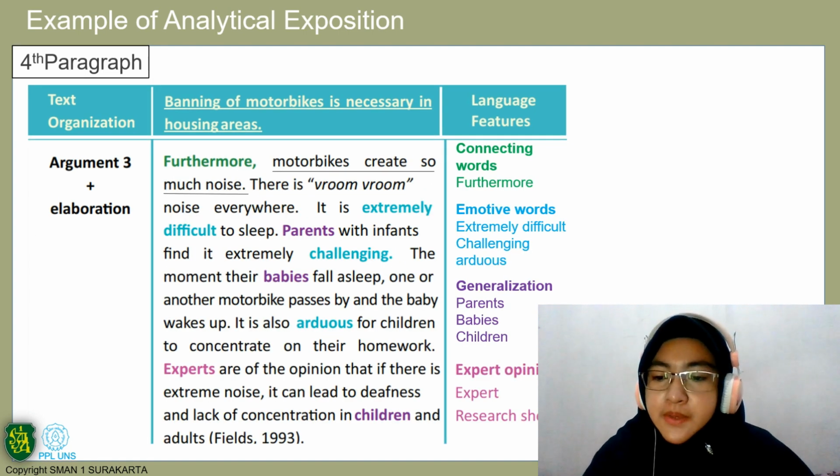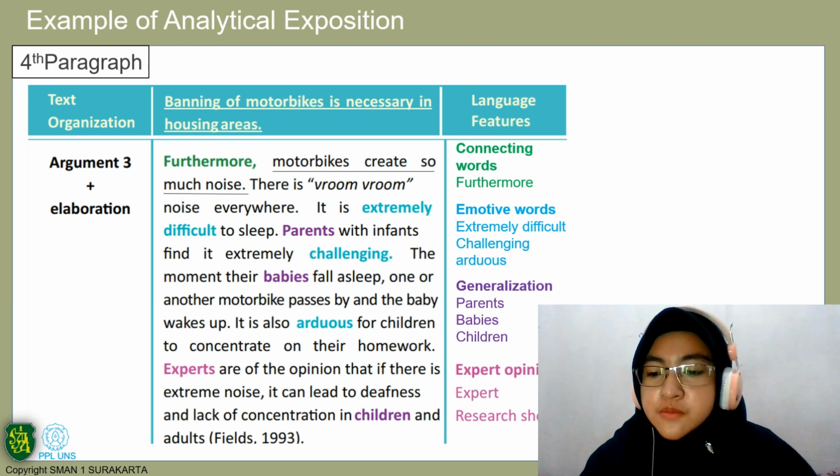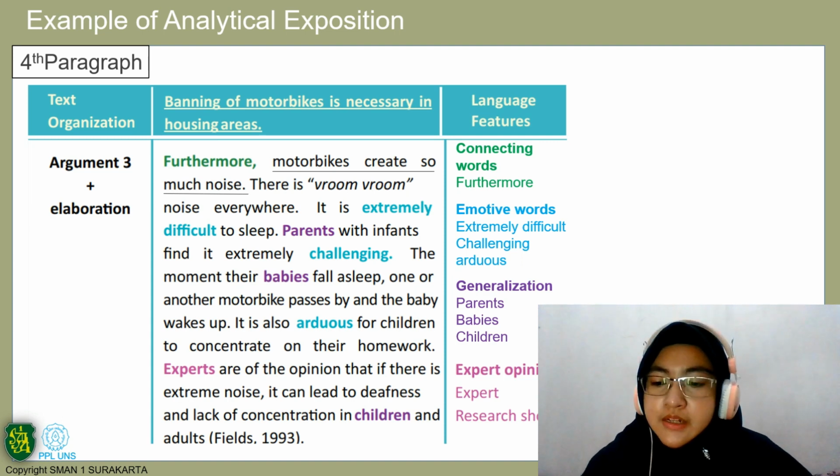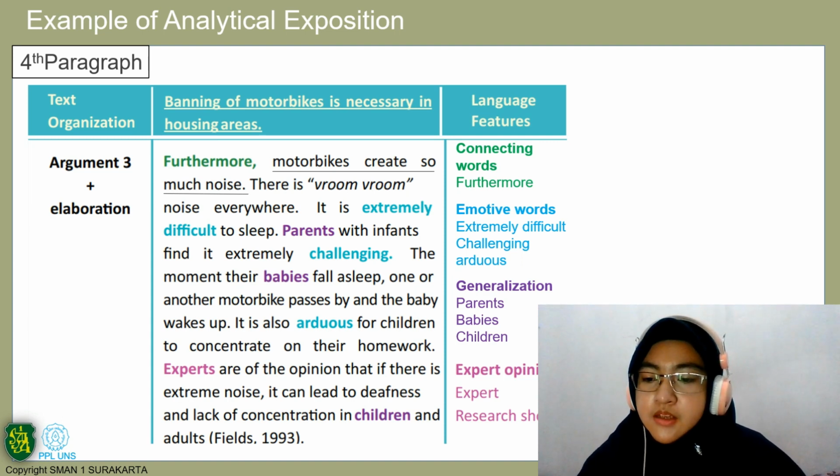The fourth paragraph, the third argument here, read it by yourself. So here, the writer argues that motorbikes create so much noise. And then he elaborates his argument with expert opinion and research.